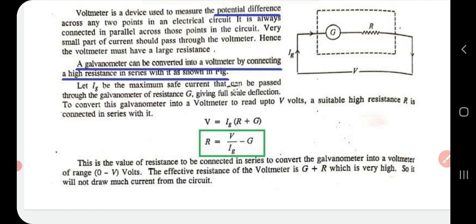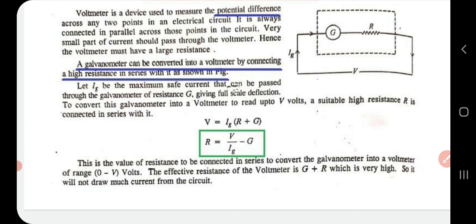So the potential across it, that is V, will be equal to Ig into R plus G. From that you can find the value of the high resistance R connected in series with the galvanometer. It is R equal to V by Ig minus G. So this is the value of resistance to be connected in series to convert the galvanometer into a voltmeter.